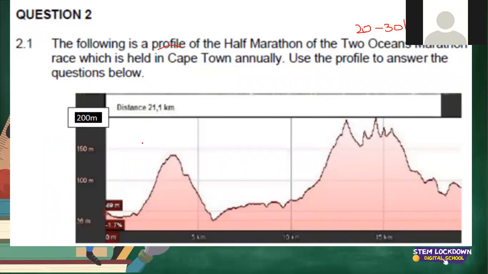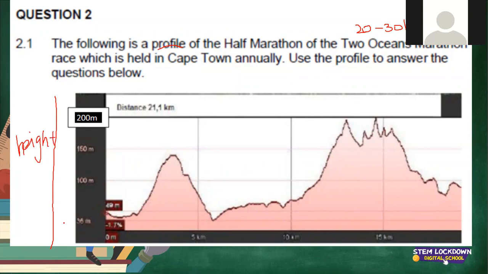Okay, let's look at the profile. On your vertical axis, this is your height above sea level, or altitude.